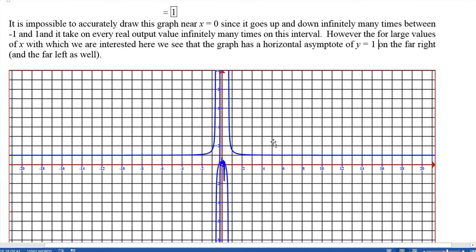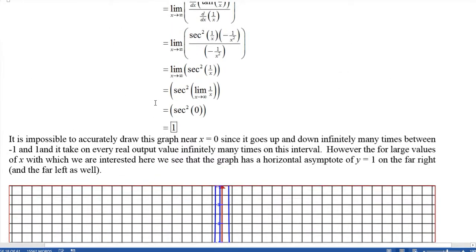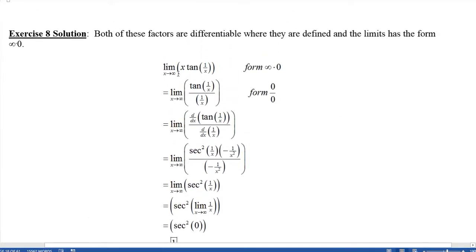Now, actually this graph is not graphed correctly in here close to 0. Some wacky stuff happens right here. What happens here is between, say, negative 1 and 1, 1 over x takes on all possible real values outside of negative 1 to 1, except for 0.